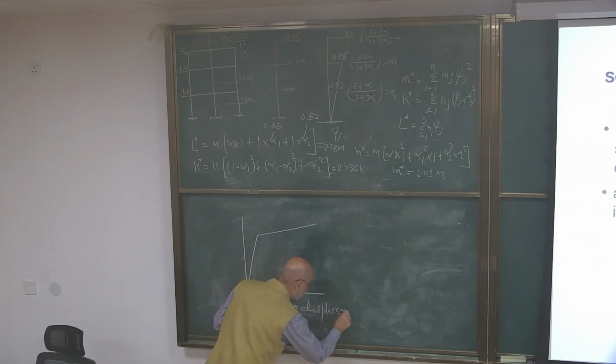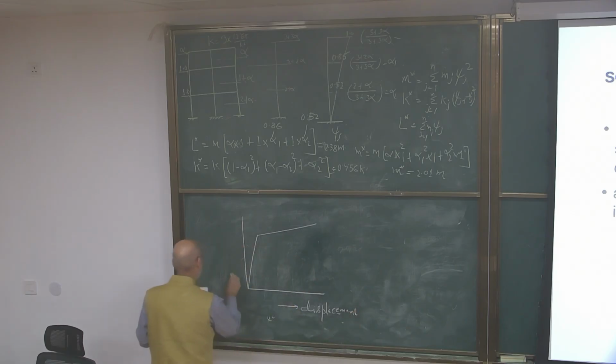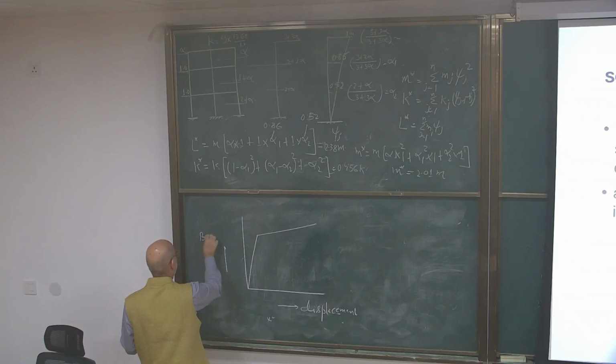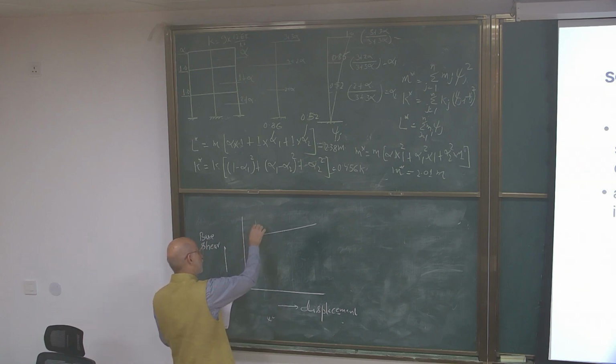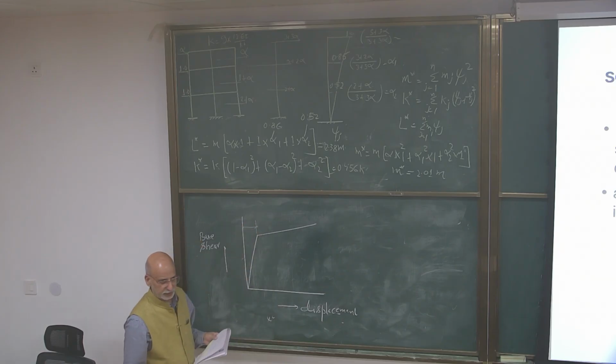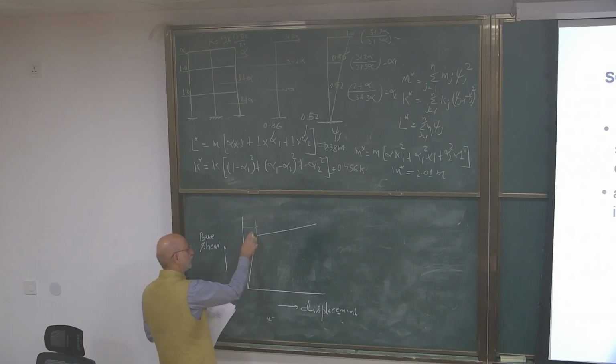The abscissa is displacement and the ordinate is base shear. Now, as is standardized, this is a bilinear force-deformation curve. What we normally take as yielding is this point, the yield displacement.